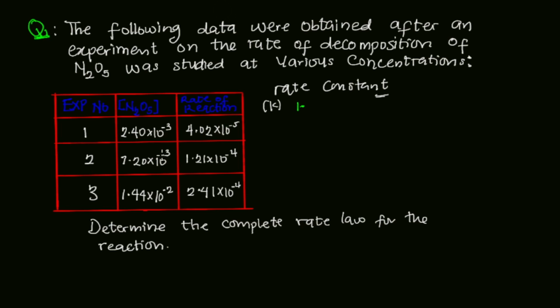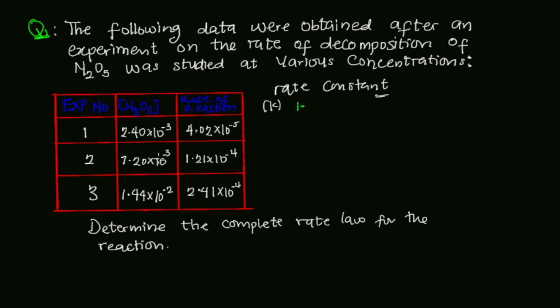Don't forget that the rate law is an expression that shows the rate of reaction with respect to the concentration of the reactants present in that reaction, raised to the order of reaction.